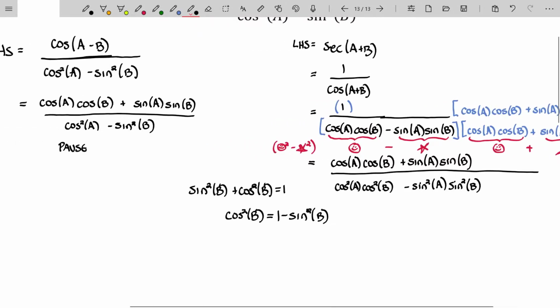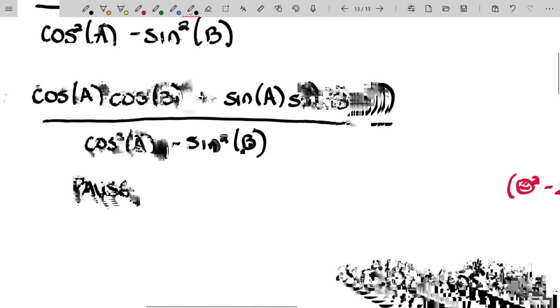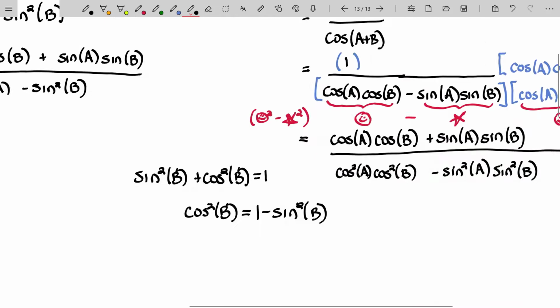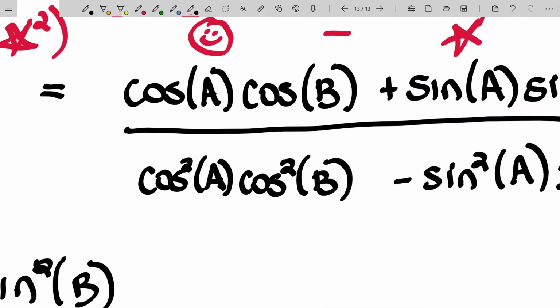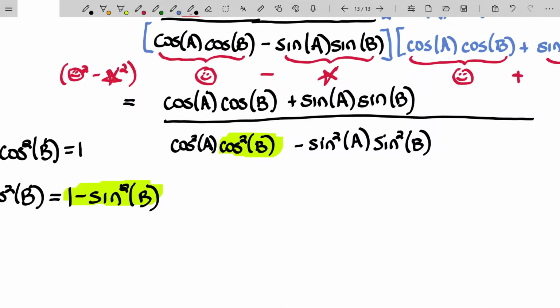And notice in the side we want to match here, there's no cosine squared of b. So what I'm going to do is trade out this cosine squared of b for a 1 minus sine squared of b. Wow, cool problem.